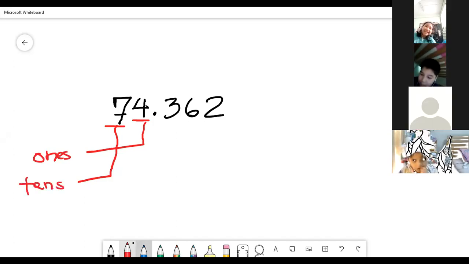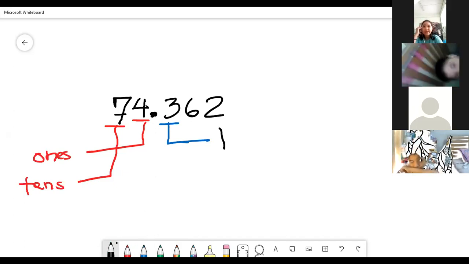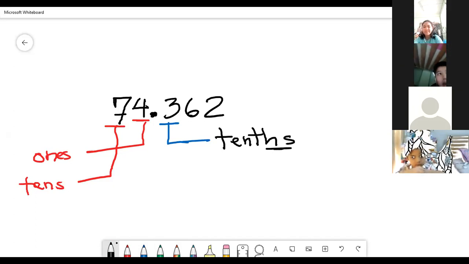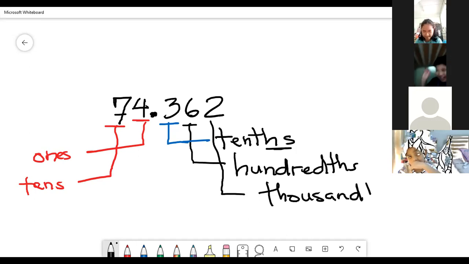Ones, tens. How about after the decimal point? After the decimal point, that is tenths, T-E-N-T-H-S. There is no ones. The next one here is hundredths. And then the last one is thousandths. With T-H-S, T-H-S, T-H-S. That is after the decimal point.